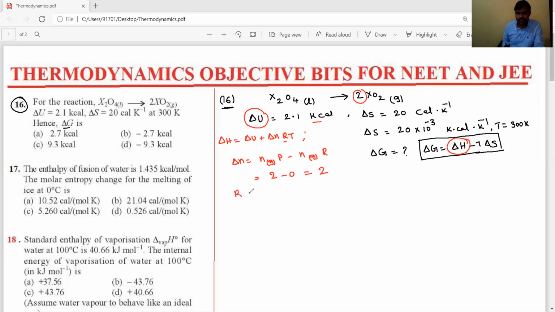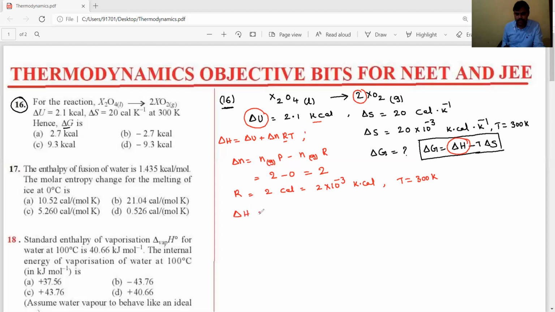R is the universal gas constant, approximately 1.98 calories, which is nothing but 2 calories. The 2 calories is nothing but 2 into 10 to the power of minus 3 kilocalories, and the temperature is equals to 300 Kelvin.